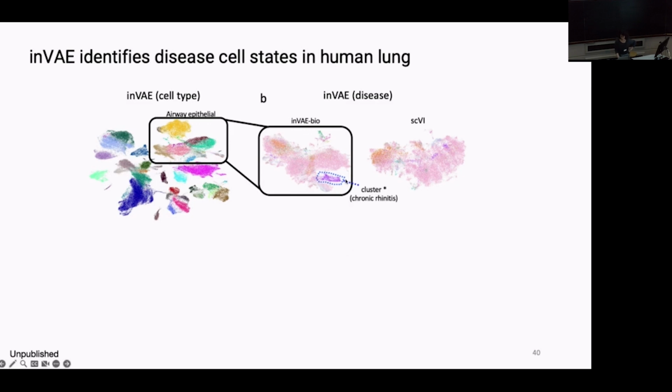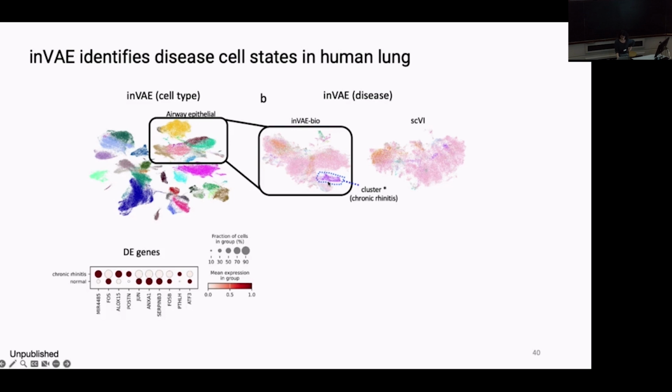We could also see that with related works, for example, SCVI, which is a very famous method of the field, these cells were spread all over the manifold, meaning that the method could not learn to separate them. But with VAE, we were able to separate them.